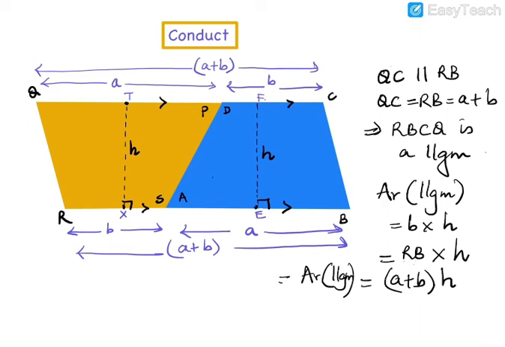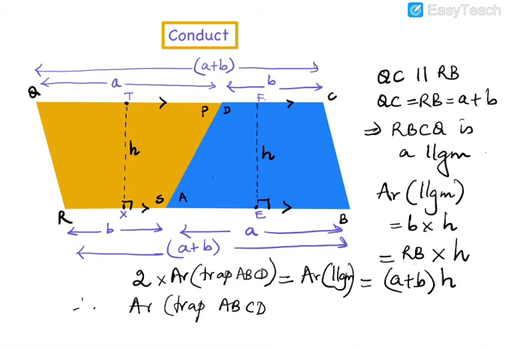So we can write area of parallelogram is equal to 2 times area of one trapezium ABCD. Therefore, the area of each trapezium will be equal to half times A plus B into H, where A and B are the lengths of the parallel sides of the trapezium and H is the perpendicular distance between these two parallel sides.